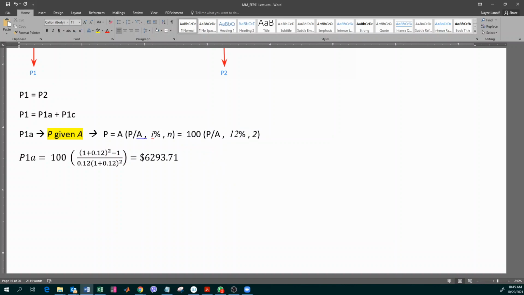What do we get for P1A? Is that 169, rounded off to the nearest cent? Okay.